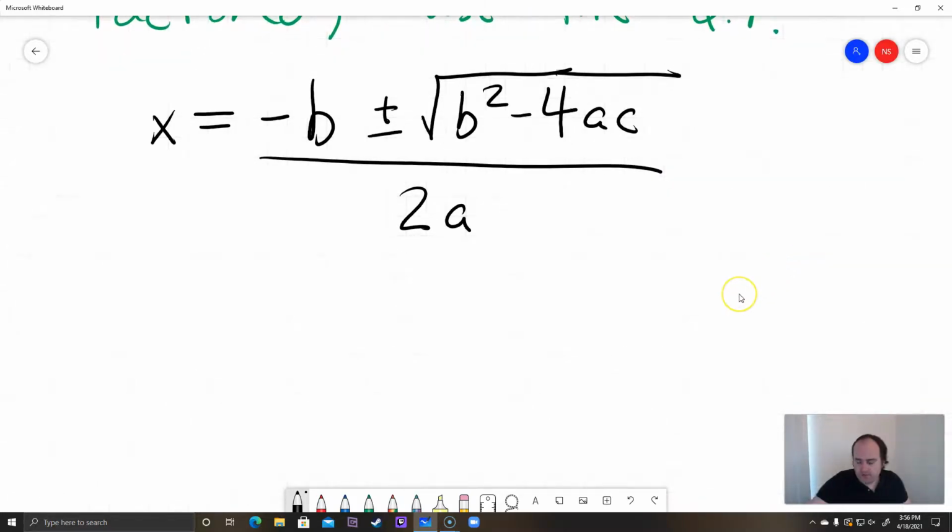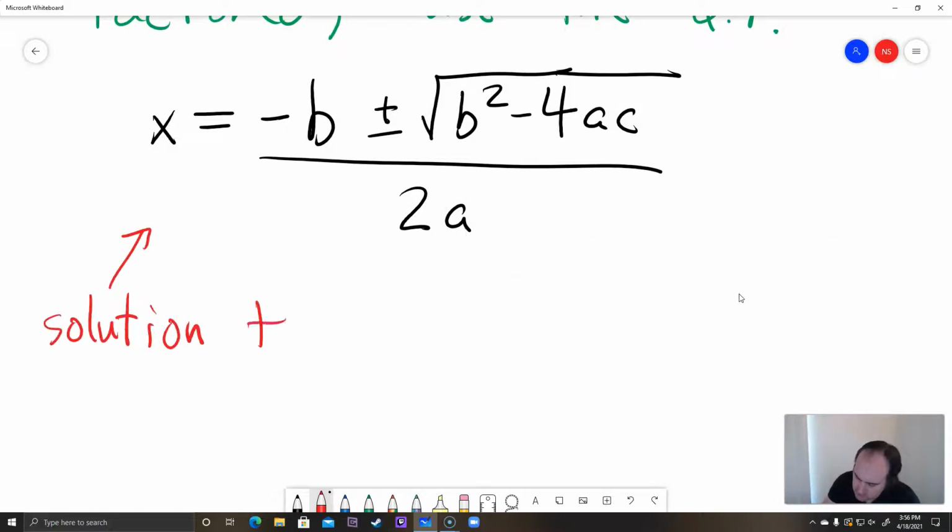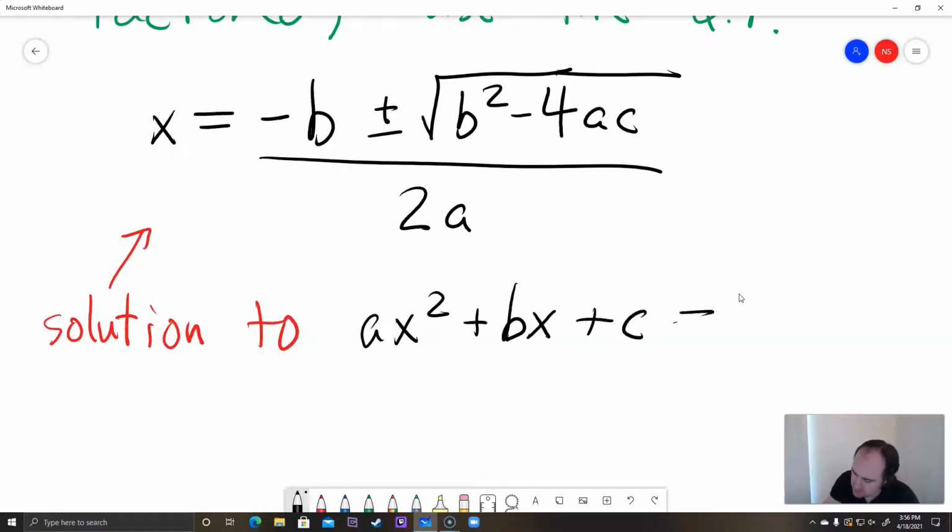So that means this is the solution to the equation ax squared plus bx plus c equals 0. Okay, it's the solution to that. And the nice thing about the quadratic formula is it always works. It works on any kind of quadratic equation. As long as your highest power is 2 and you have a polynomial, the quadratic formula always works.